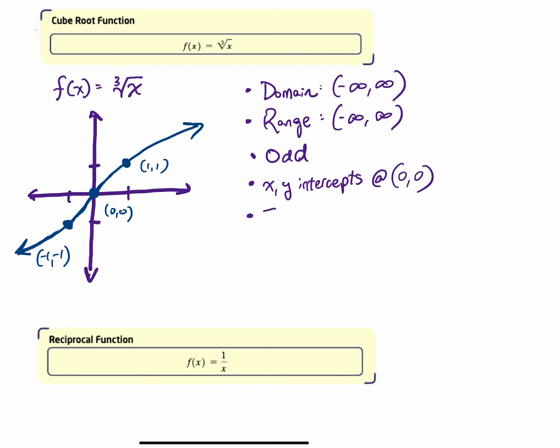So we can say increasing from negative infinity to positive infinity. Because it's always increasing, we don't have any local min-max, and no absolute min-max.